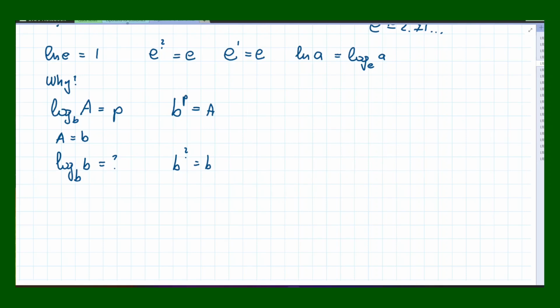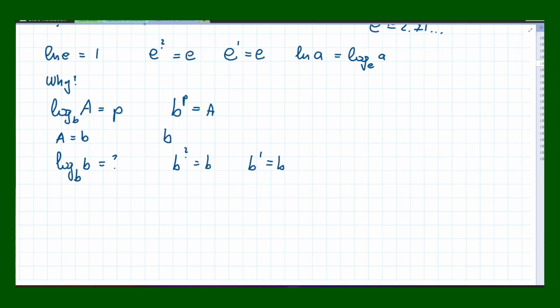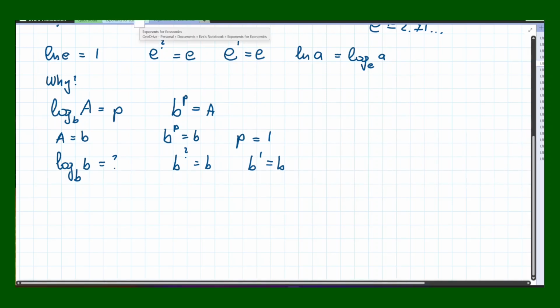Now, any number to the first power always gives me back itself. So, when we change the argument to b, we get b to the p equal to b itself, which means that p has to be equal to 1. So that's why log base b of b is equal to 1. So let's change the question mark to 1.